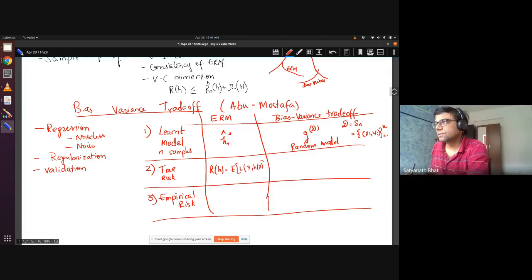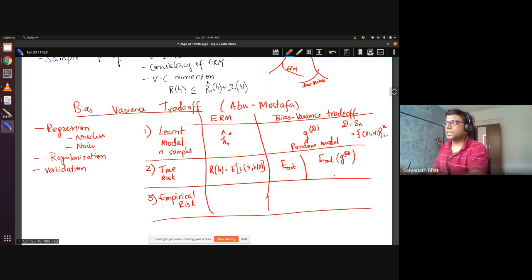Here, we will call it E_out. I told you when I taught R of h that this is the out-of-sample performance, the true performance that we need. But now explicitly, we will be calling it E_out.